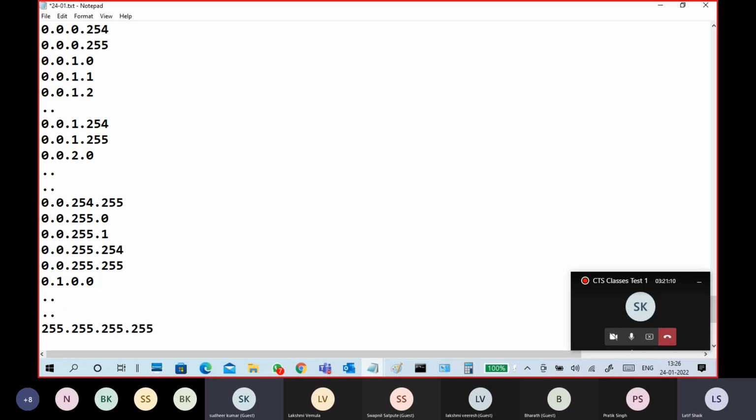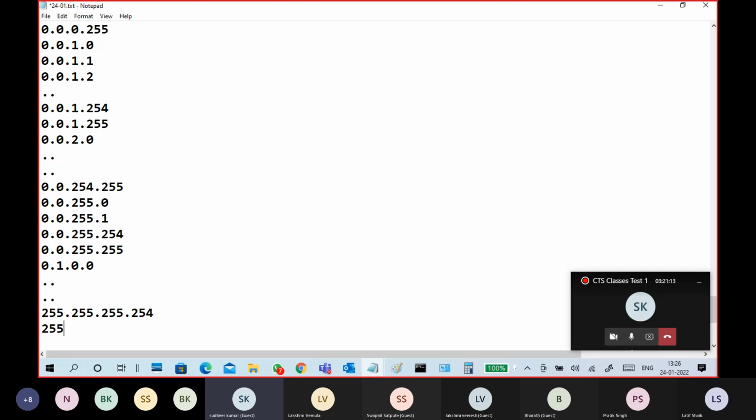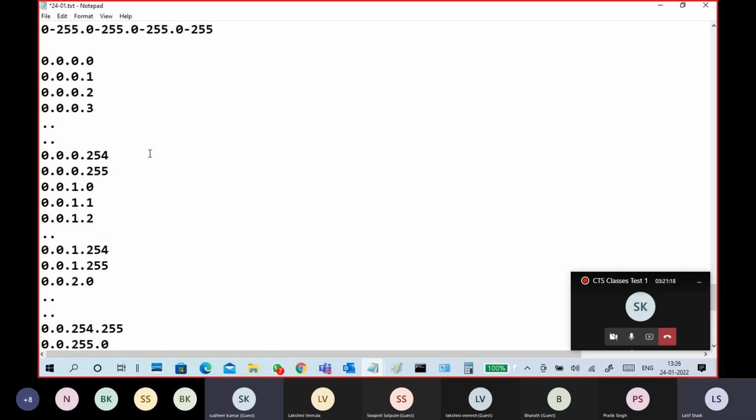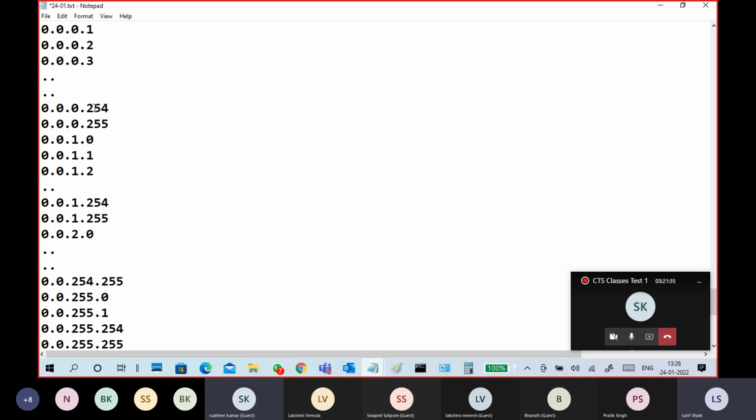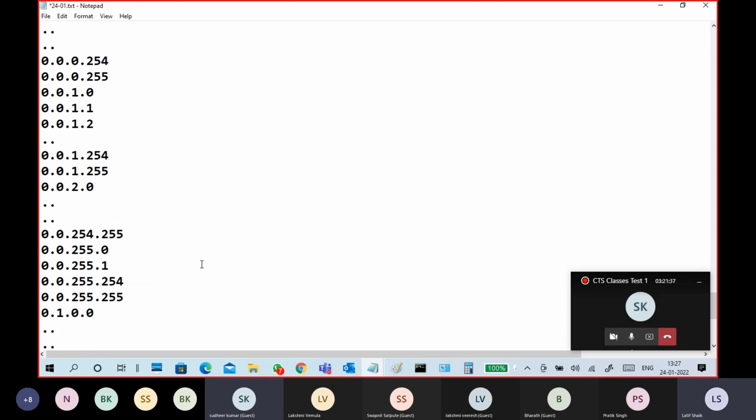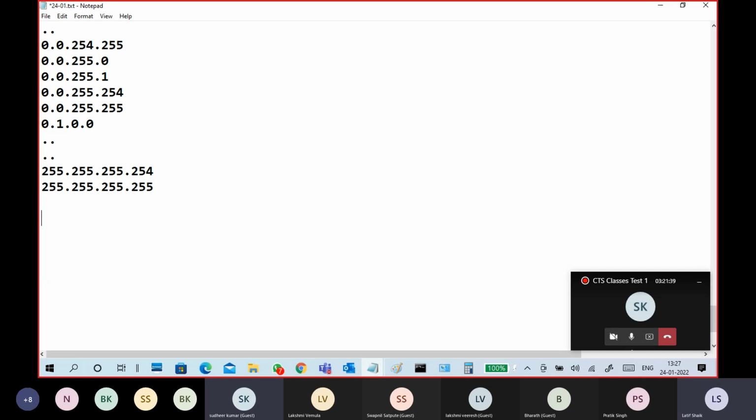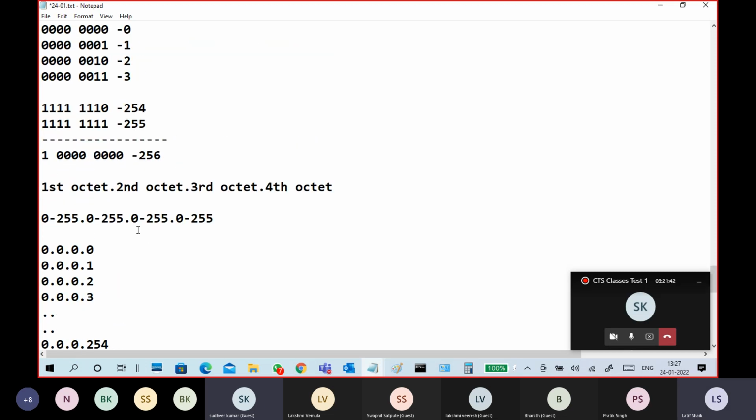So the IP address starts from 0.0.0.0 and the ending IP address is 255.255.255.255. Once all the octets become 255, there is no further IP address. 0 to 255 in each octet, not more than that. So can you tell me what is the range of IPv4 addresses?